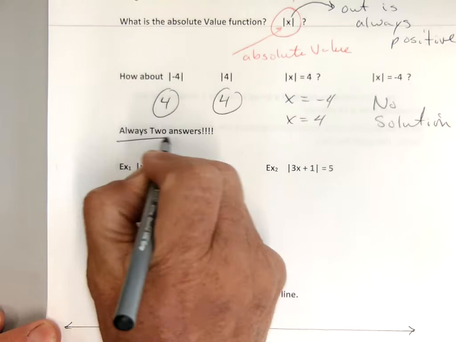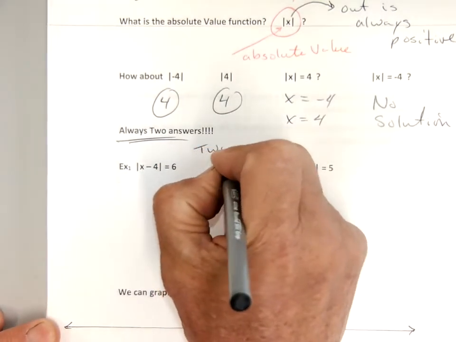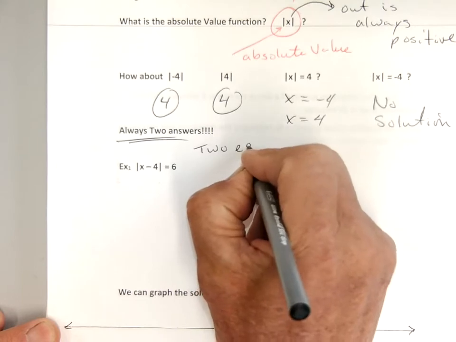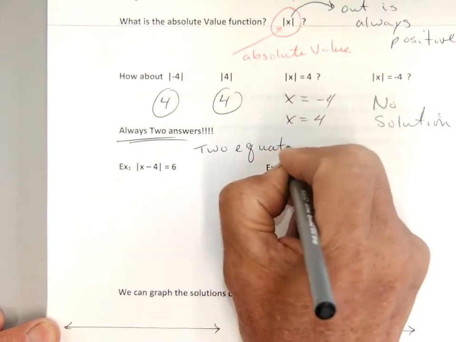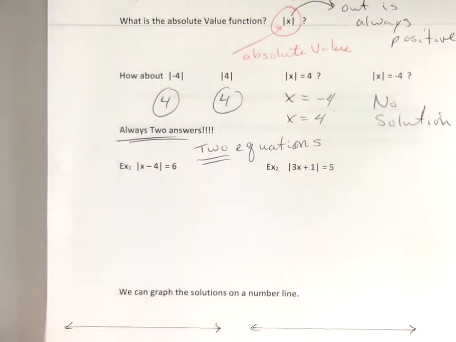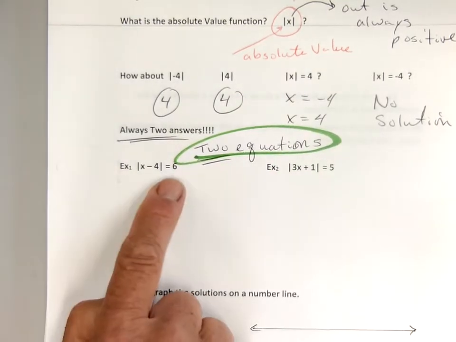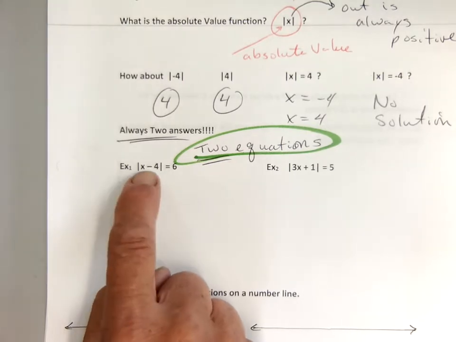So if we need 2 answers, we're going to need 2 equations. To get 2 equations, we're going to have the positive part and the negative part, because the negative part will also give me that answer.